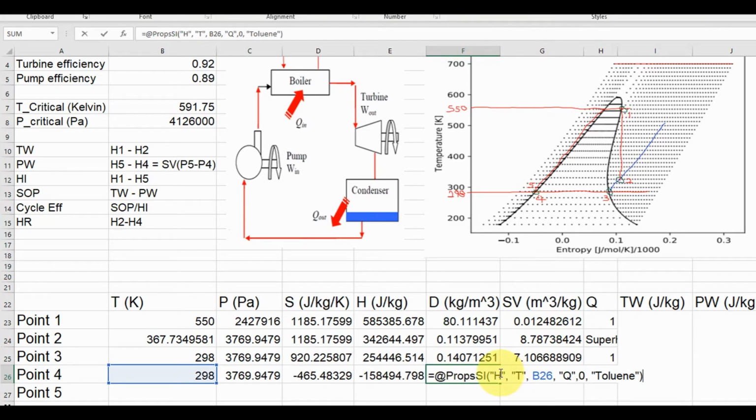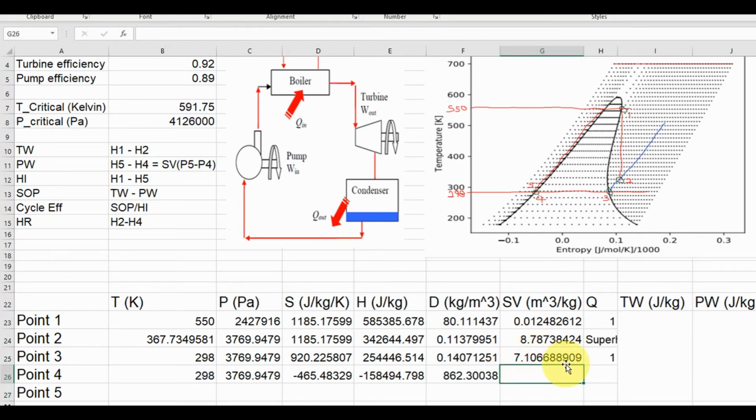To obtain the density, I change this to D. And we now have the density of the fluid. And then we can find the specific volume at point 4. And what happens here, the quality of the fluid is 0. So next we go to point 5.